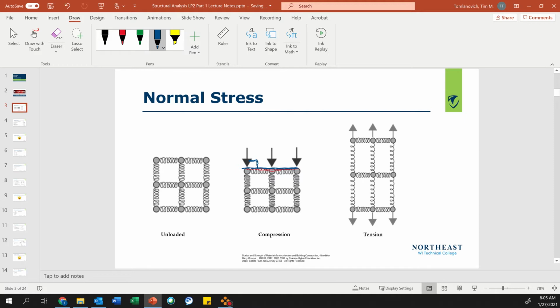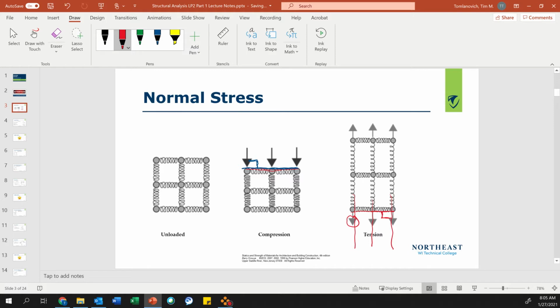So when it's in compression, what's happening to this spring? It is getting shorter. And in tension stress, again, the force vector, remember, this is the sense, this is the line of action. The line of action is perpendicular to that face.